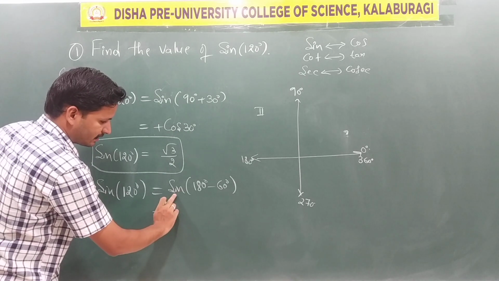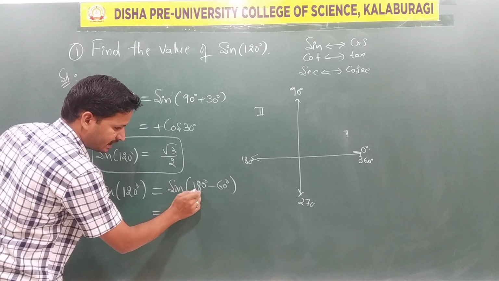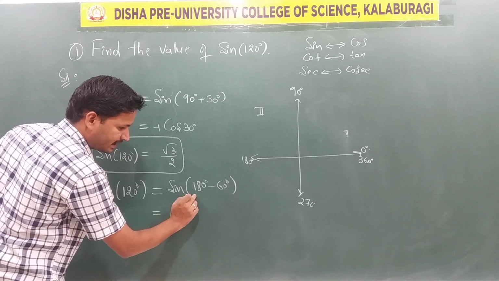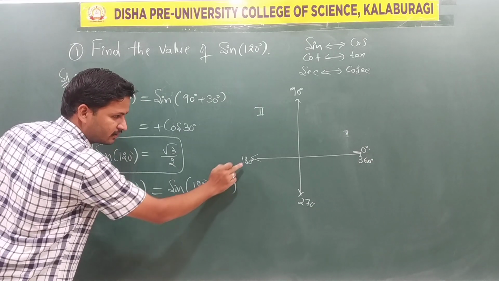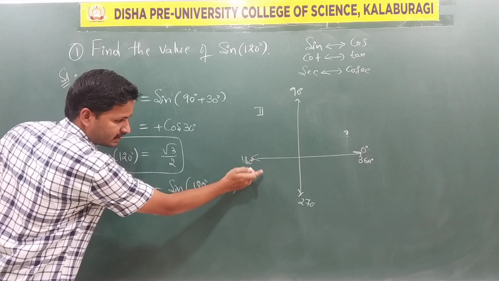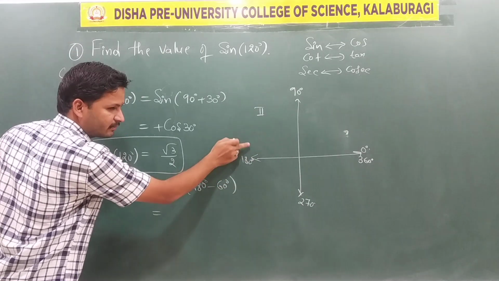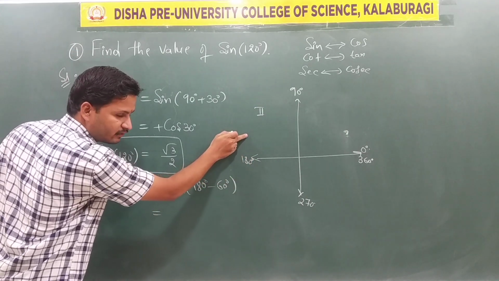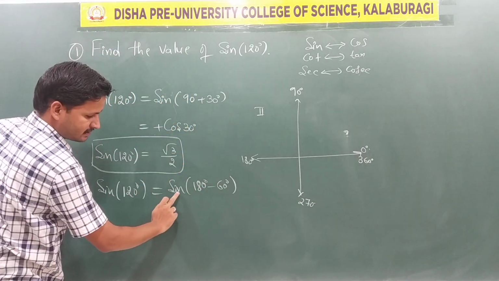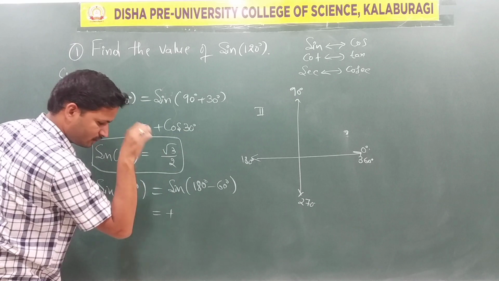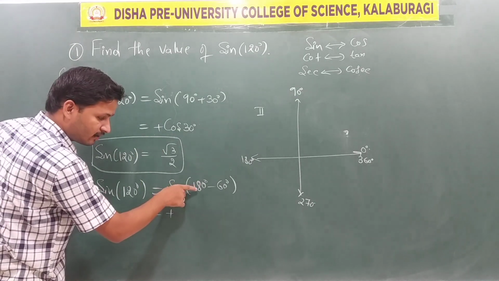Now sine of 180 minus theta. 180 minus theta lies in which quadrant? 180 minus theta means less than 180, so it lies in the second quadrant. In the second quadrant, the sine function is again positive. Take the plus sign.